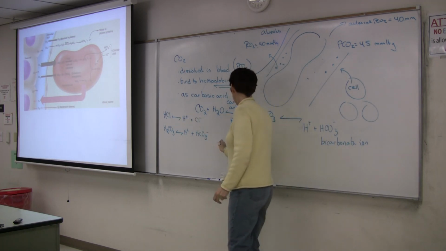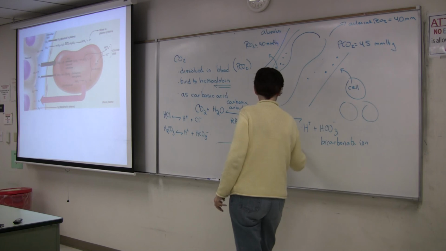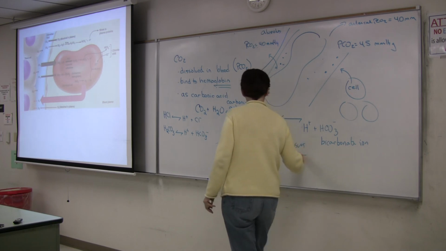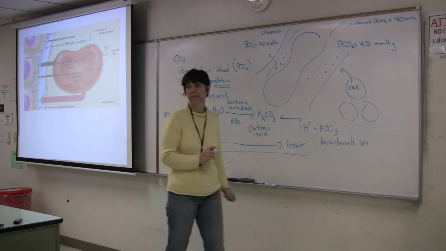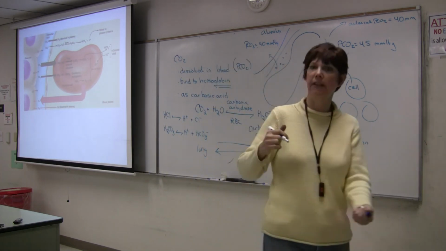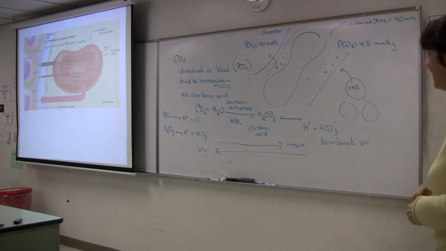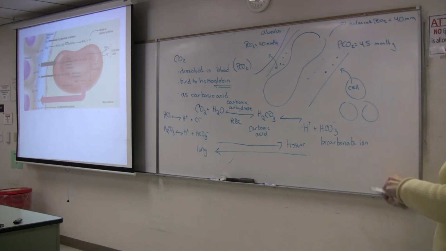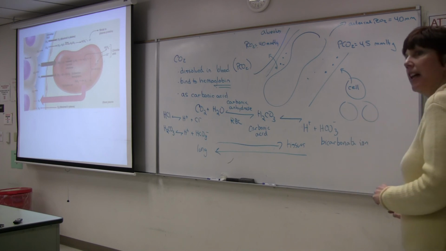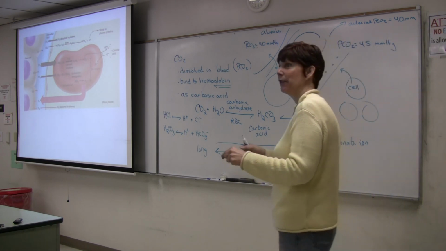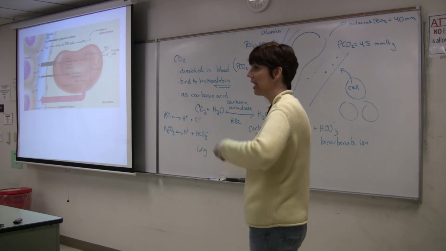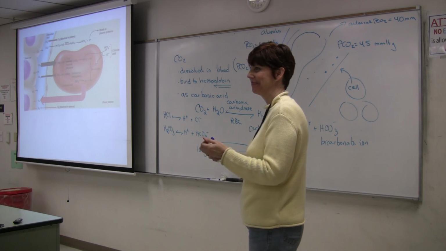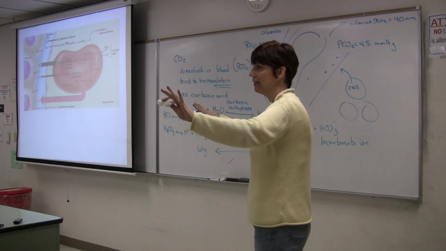Okay? So this direction is tissues. This direction is lung. Unless we're talking about the fetus, and then it would be placenta. Okay, so CO2 combines with water to form carbonic acid in the tissues. When we're in the lungs, carbonic acid dissociates to form CO2 and water, and the CO2 diffuses into the alveoli, and you exhale it. All right, we're done.